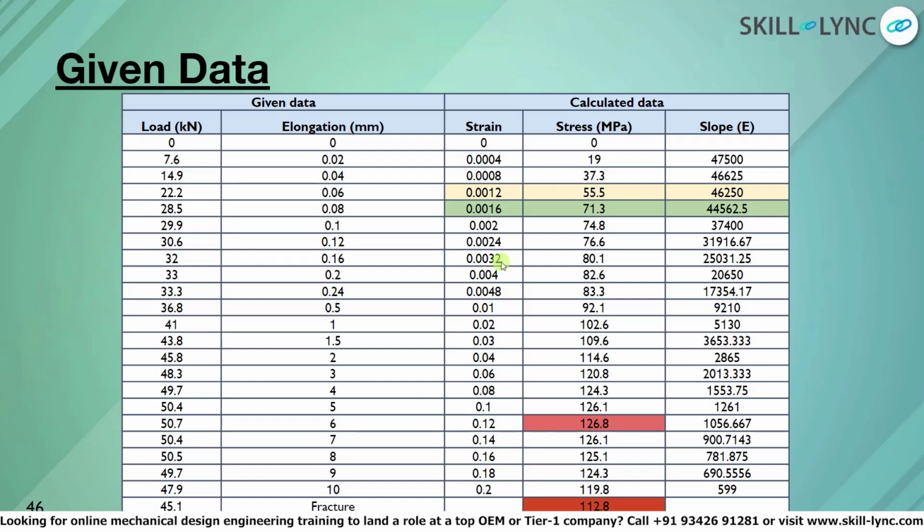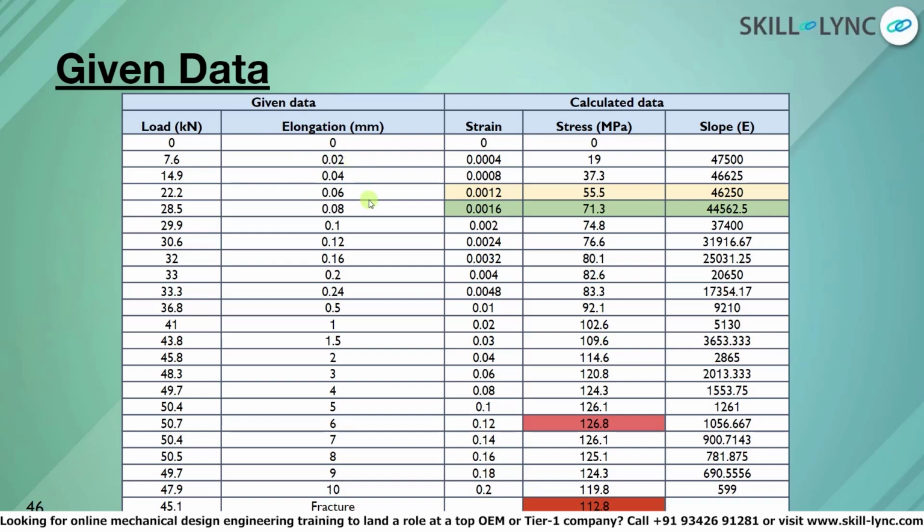When we take metal testing, gauge length is the word which we will be using. So when it comes to gauge length, we always have a fixed length. And now strain is nothing but the elongation divided by the initial length. So whatever strain we see is the value which we gained from the ratio between the elongation and the actual length of the specimen used.